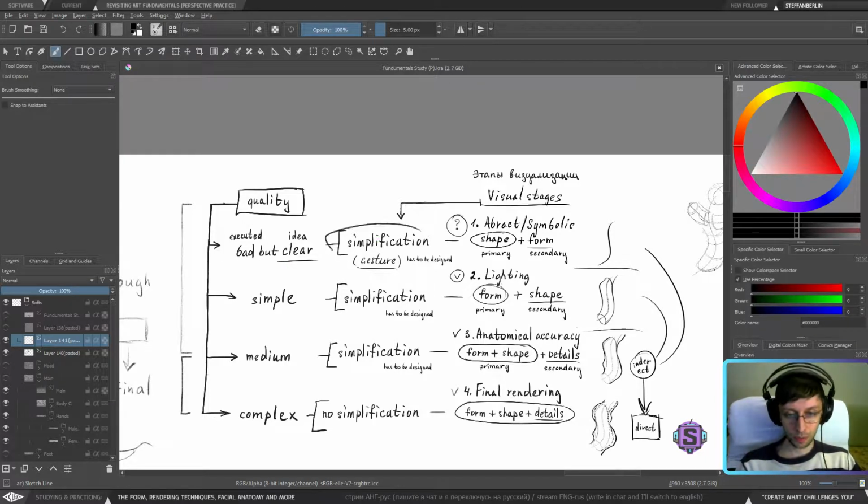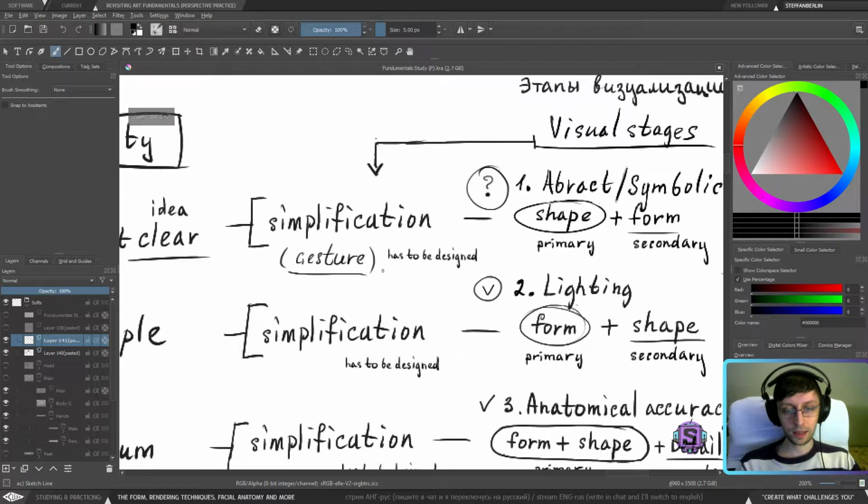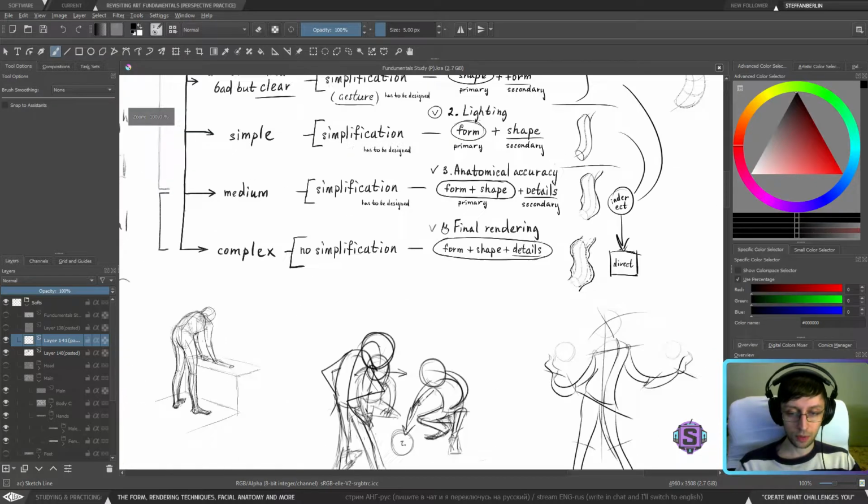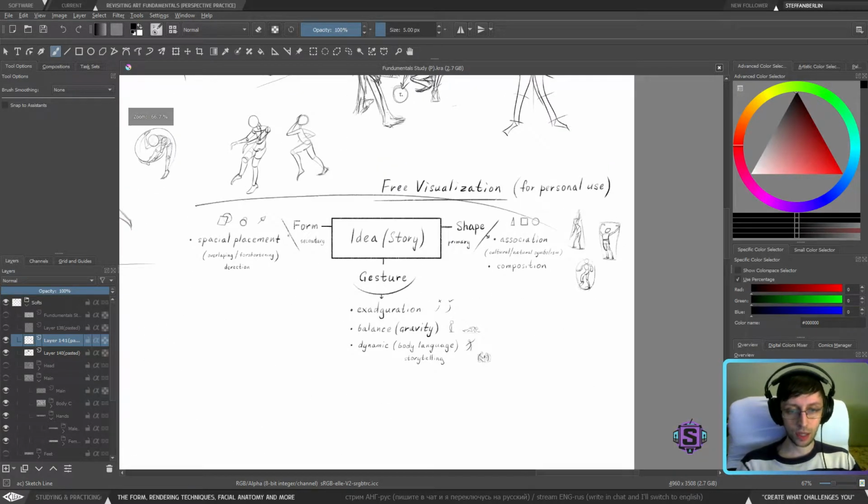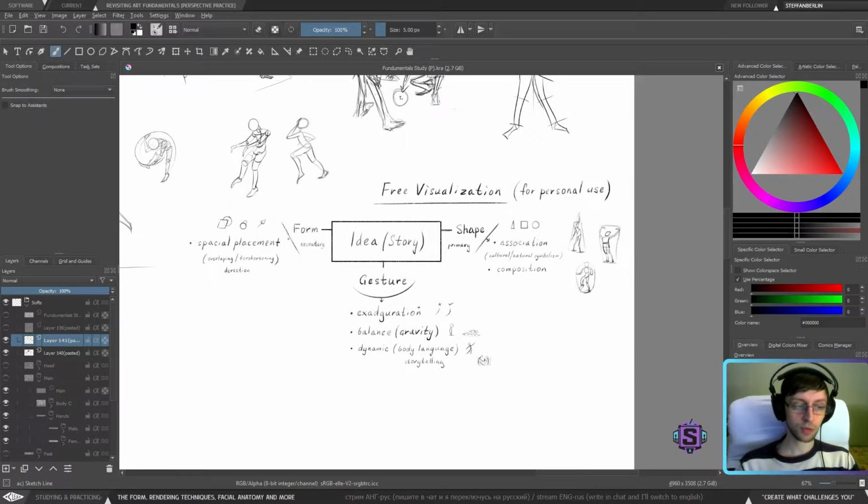It has to be as simple as possible, but it still has to be designed. And right now, I don't necessarily understand how exactly to design it. I know what shape is separately, and I know how to integrate gesture separately, but I still haven't connected them together. This is what I will try to do in those sessions when we're not drawing together with someone.